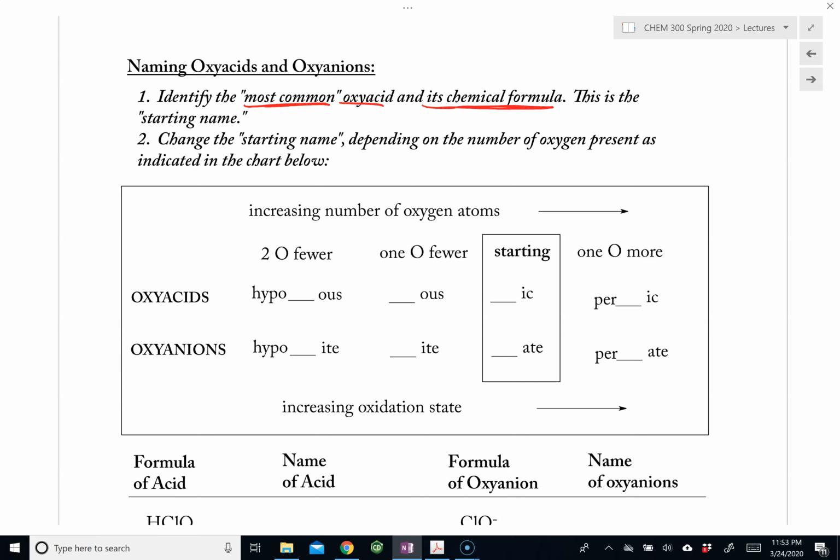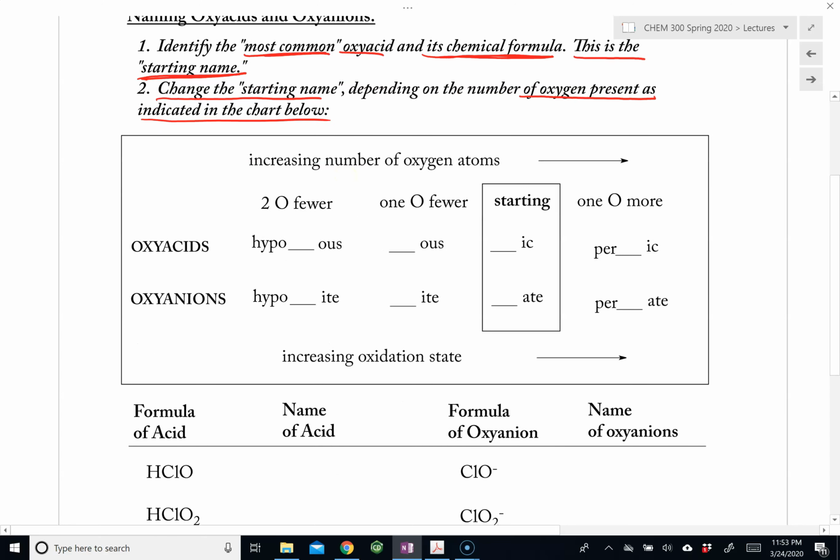Once we have remembered this already, it serves as the starting name. We will then change the starting name depending on how many oxygens are present in the derivative, according to this table below.